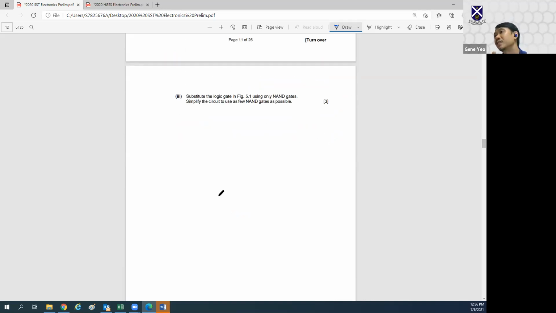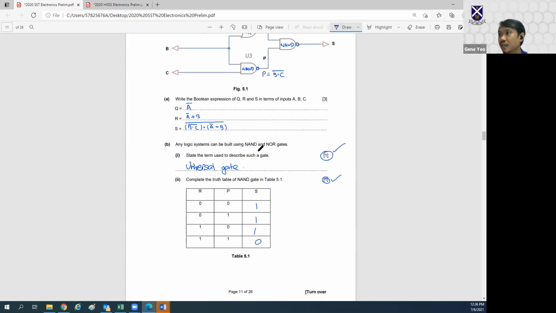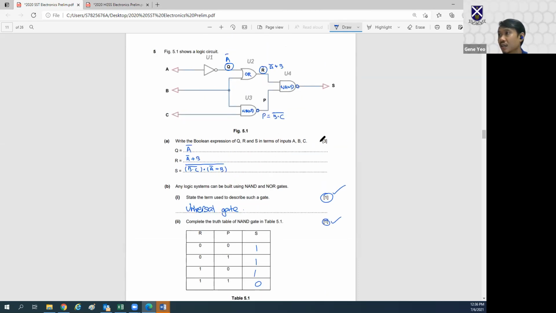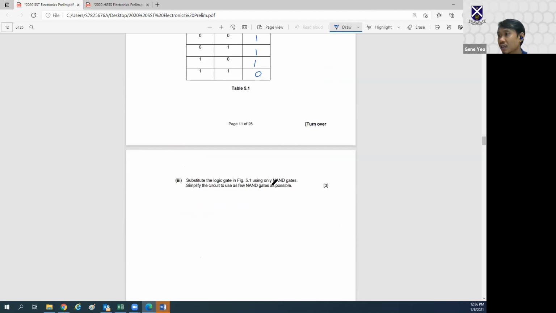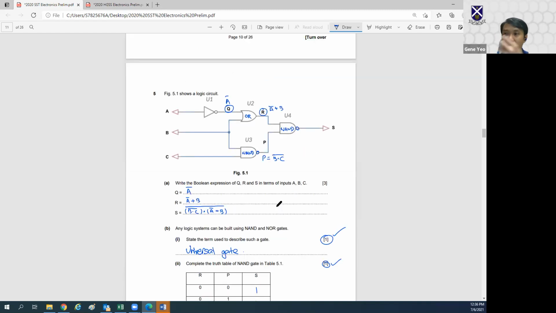Now substitute the logic gates in here using only NAND gates. Simplify the circuit to use as few NAND gates as possible. The good news is this is already a NAND gate. Now we just have to change this and this into NAND gates.